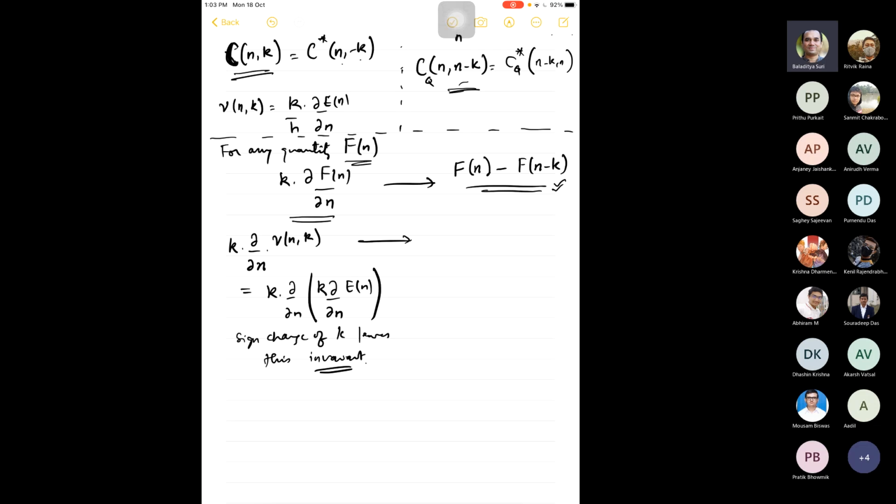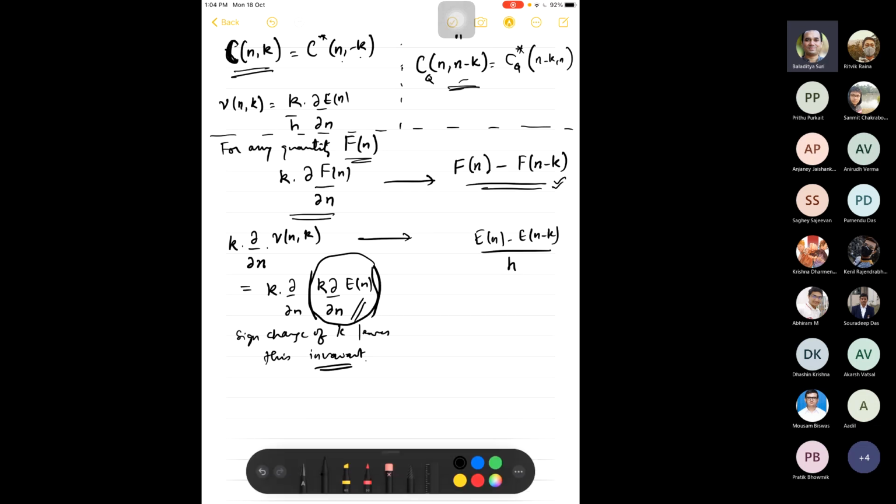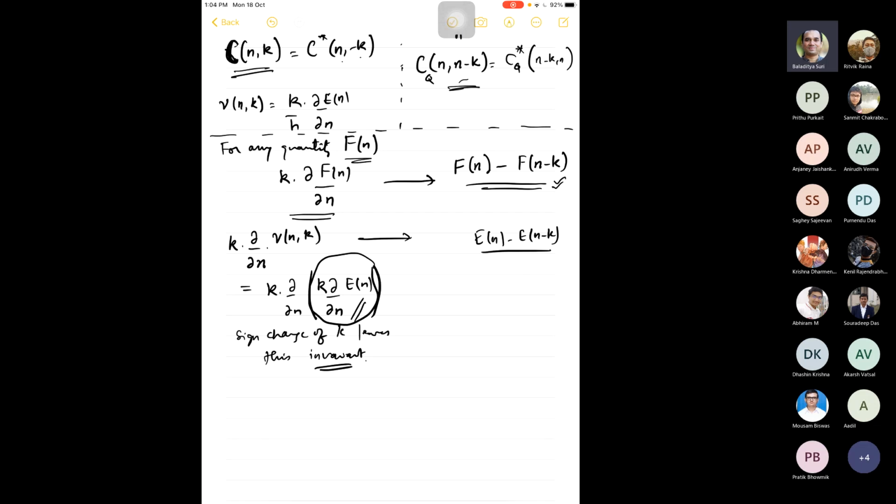Now whenever you have a derivative like this, I will write two possible formulae in the quantum case. One case is the following. You have delta, this quantity here, which I can write as En minus En minus k by h, or rather I'll remove the h, I'll just say it is this, and I have k times delta by delta n of this.